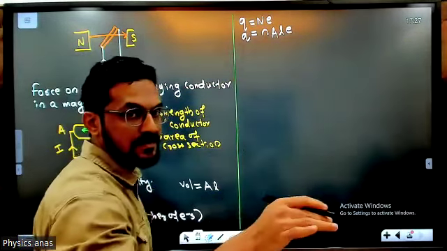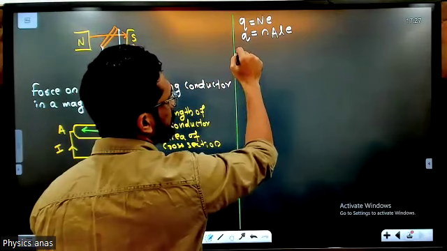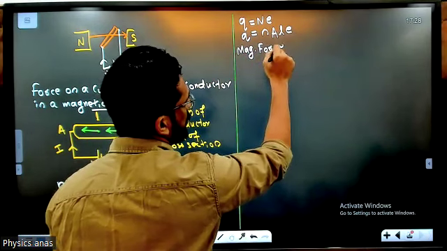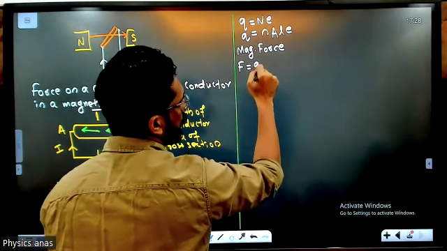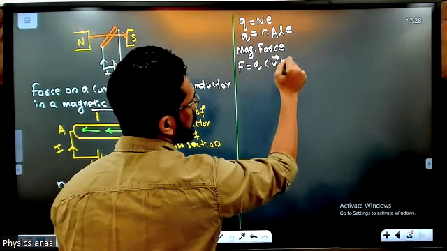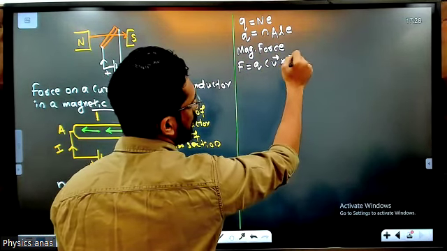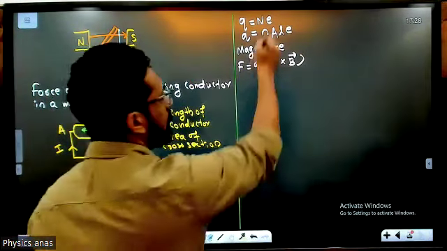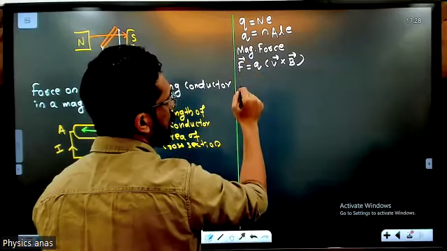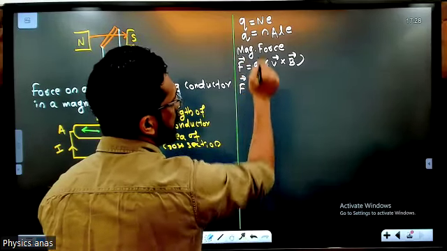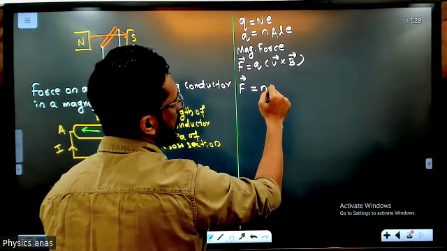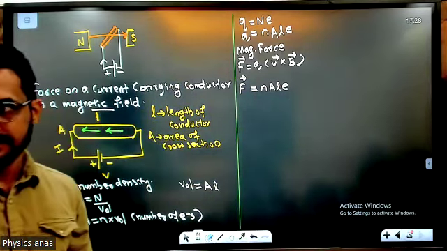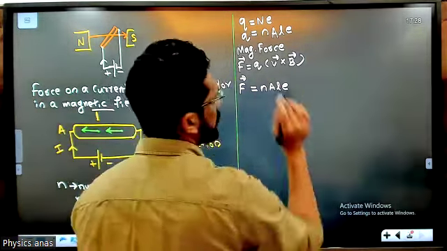What is the equation for the magnetic force, the magnetic Lorentz force? The equation is F is equal to Q into V cross B. And we have the expression for Q now. So F is equal to n into A into L into e, into V cross B. Now what is this V?